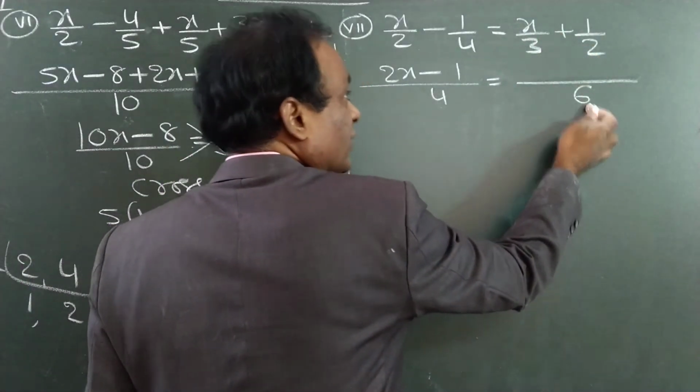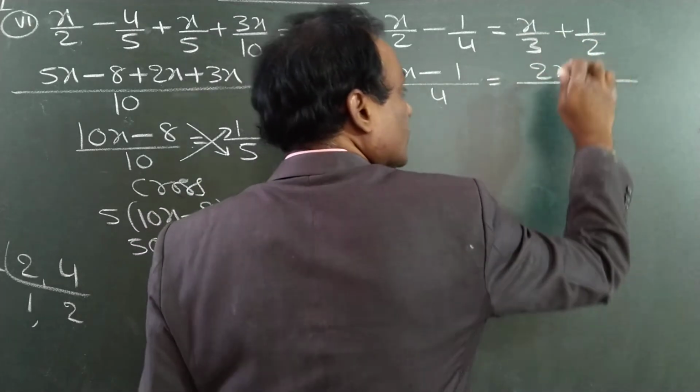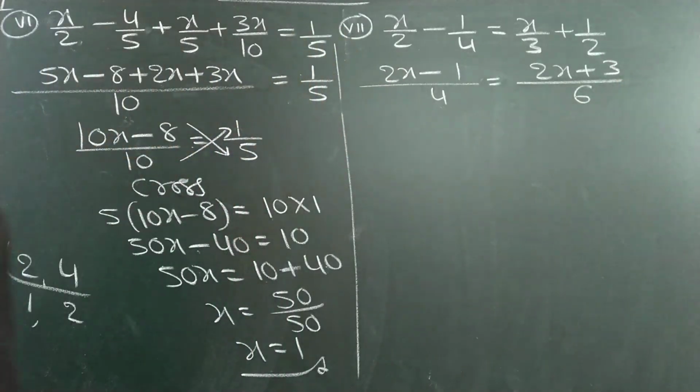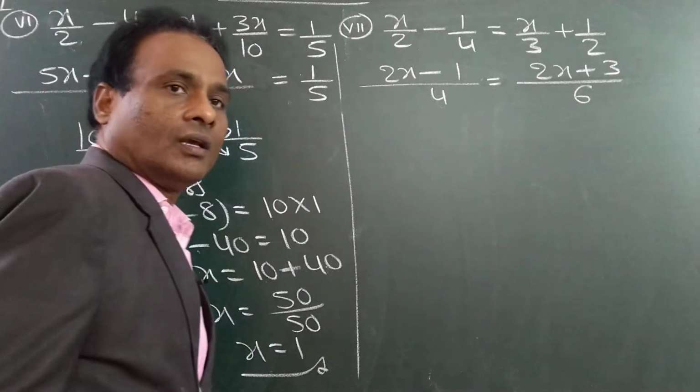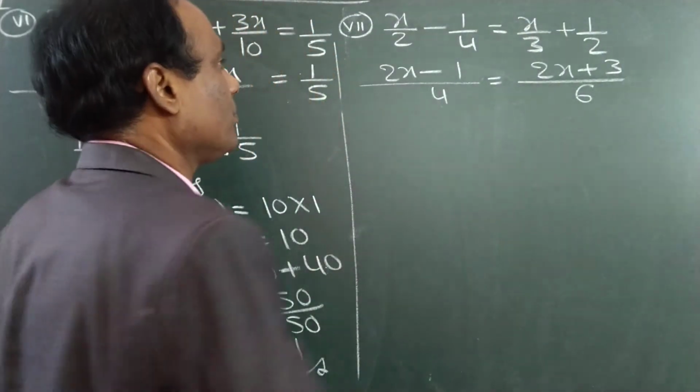3 2s are 6. 3 2 times 2 into x is 2x. 2 3s are 3 into 1, 3. Now left side fraction, right side fraction. Cross multiply.